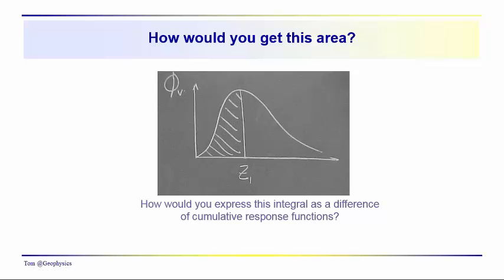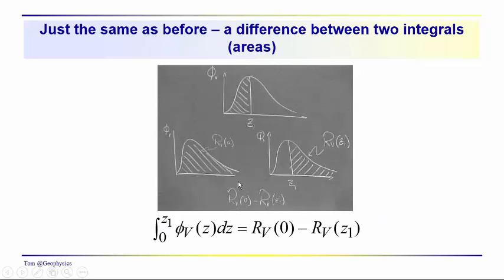But z1 is equal to 0, right? So, okay, well, RV of 0, the cumulative response function for z equals 0, is just the total area under the curve, which happens to be equal to 1. RV of z1 is just the total area under the curve from z1 out to infinity.